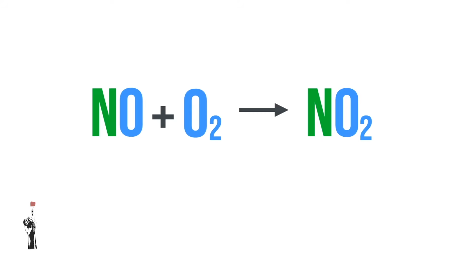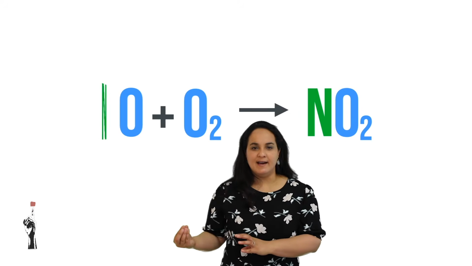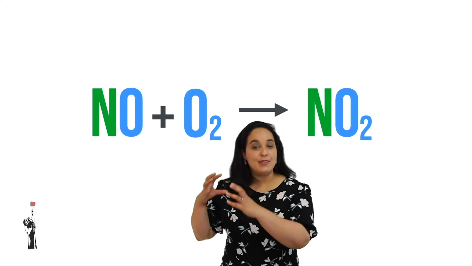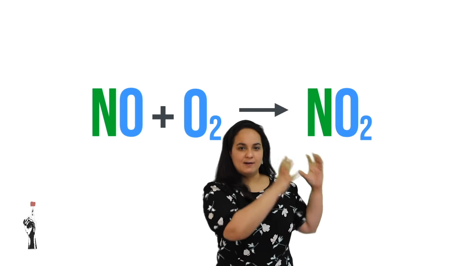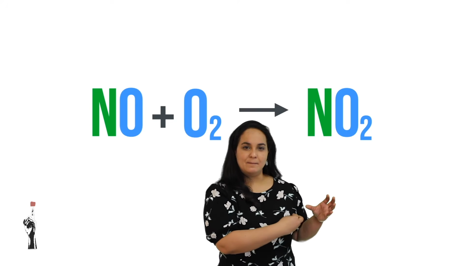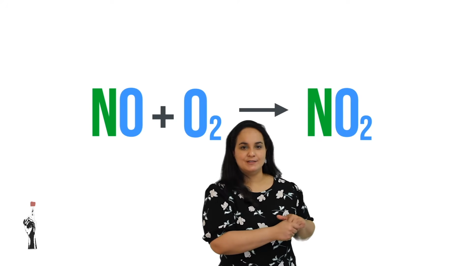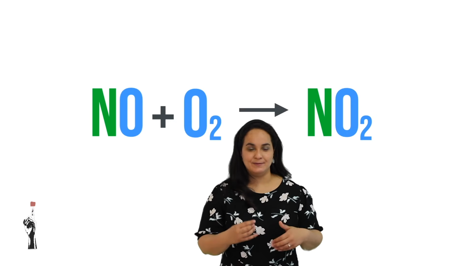Using our previous method of identifying the smallest common multiple will no longer work. On my left-hand side, there is a single nitrogen atom and 3 oxygen atoms. On my right-hand side, there is now a single nitrogen atom, but 2 oxygen atoms. It is unbalanced. And what are we going to do?